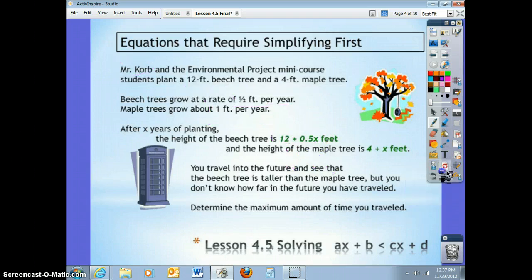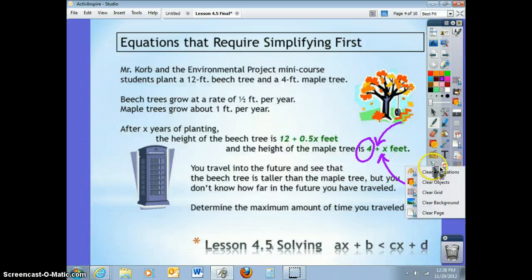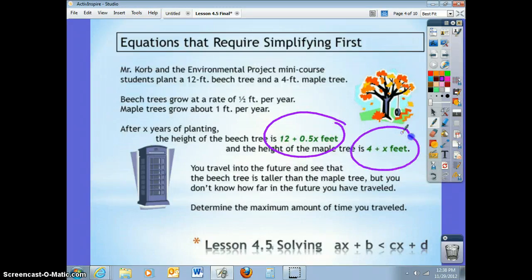The maple tree has a constant of 4. We don't actually write the 1, but there's an implied 1 right in front of the x, and the x is the number of years. So 4 plus 1x feet, or 4 plus x. These are our two equations for those situations: 12 plus 0.5x and 4 plus x.